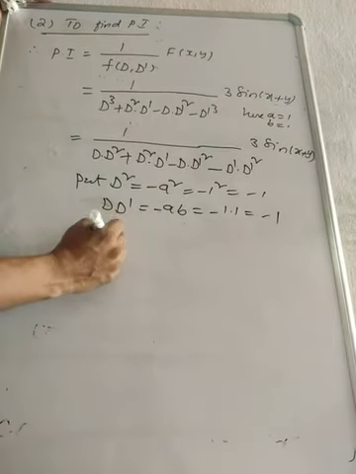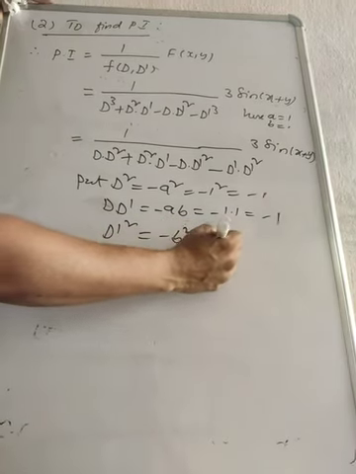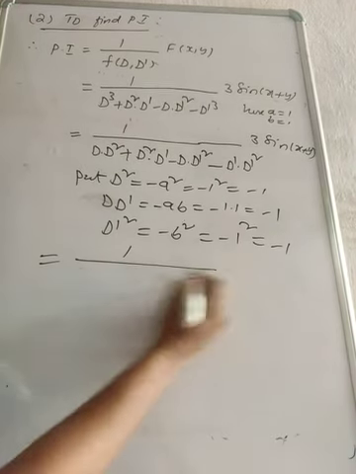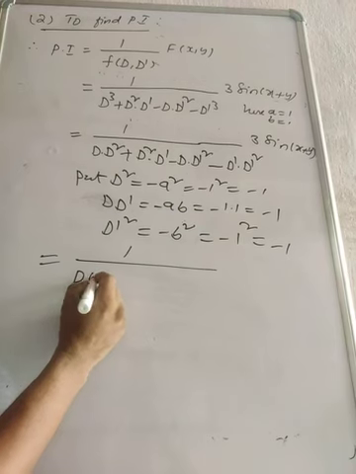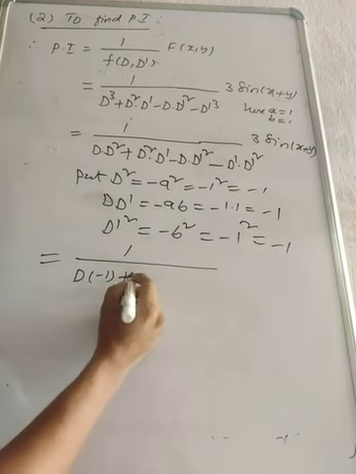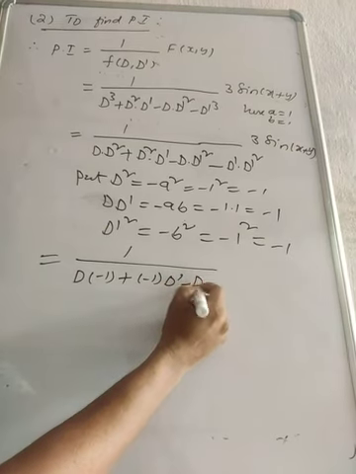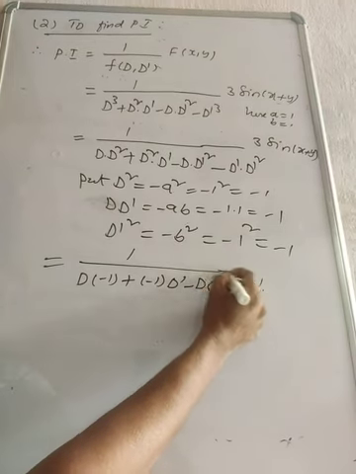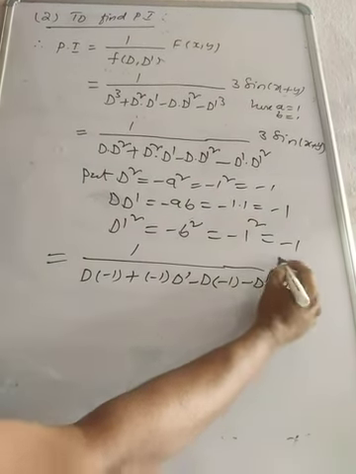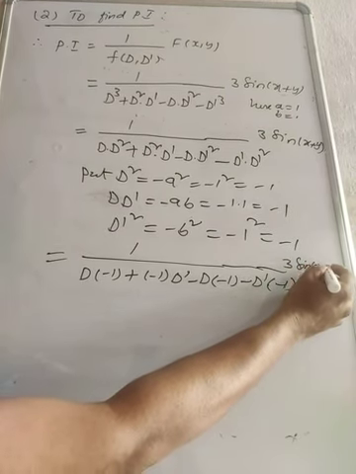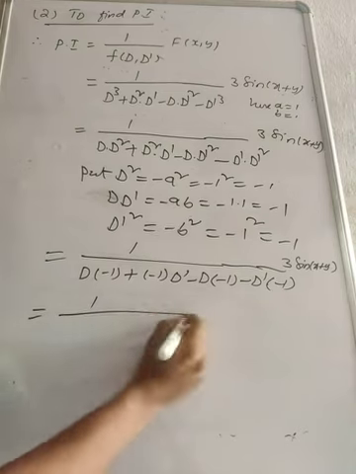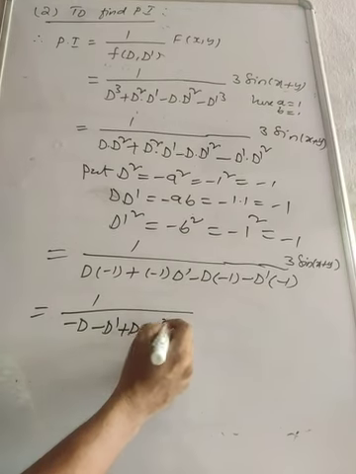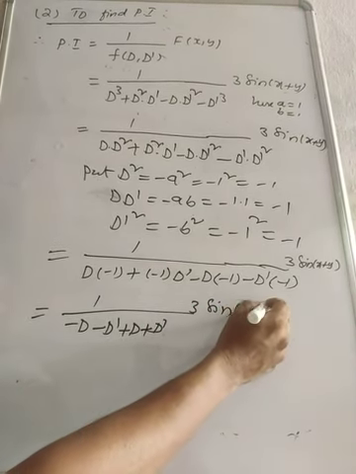That equals 1/(D(−1) + (−1)D' − D(−1) − D'(−1)) of 3 sin(x + y), that is 1/(−D' + D ... ) and you observe the denominator.